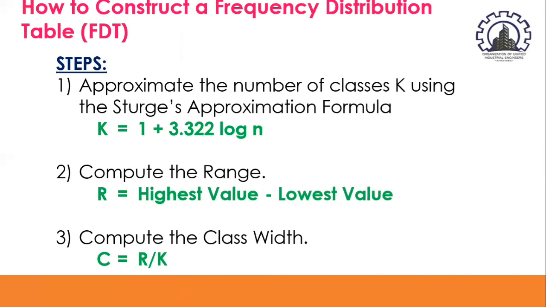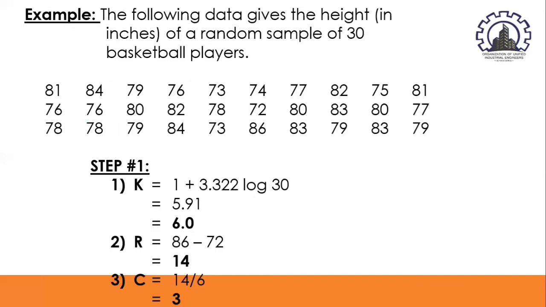So you have K equals 1 plus 3.322 log 30, because our number of observations is 30. We have 30 basketball players. Therefore, our K is equal to 5.91, which is approximately 6. So our K is 6.